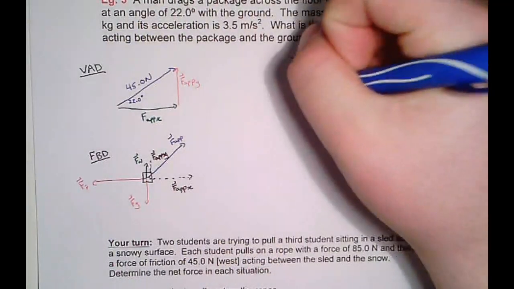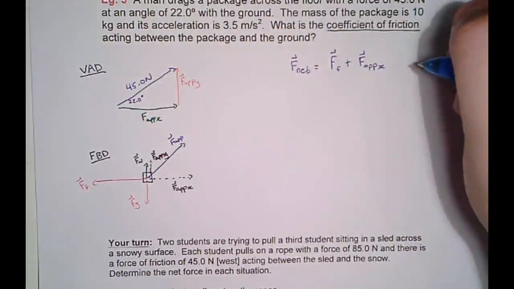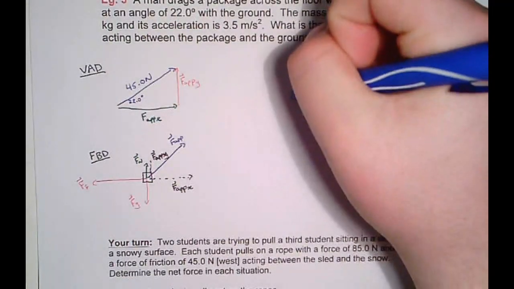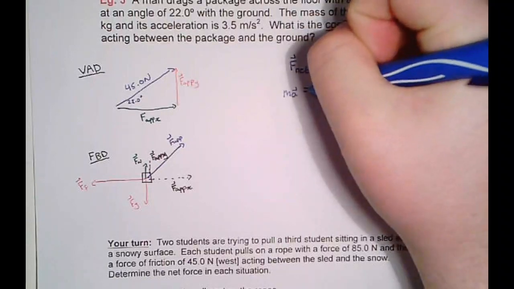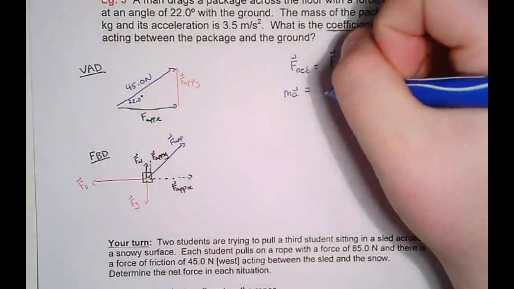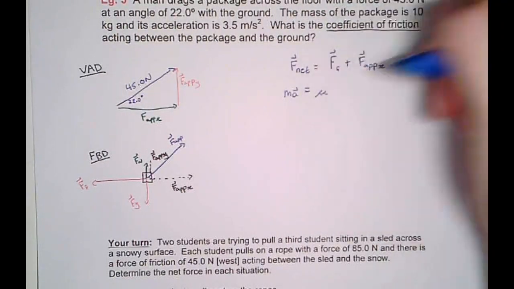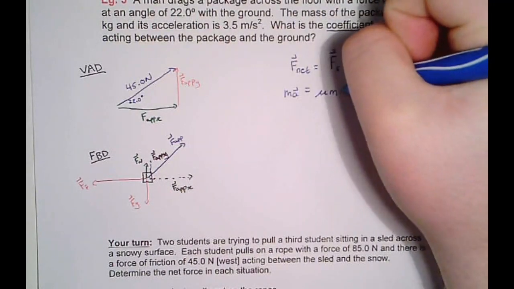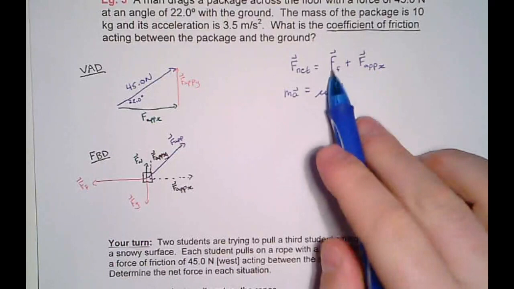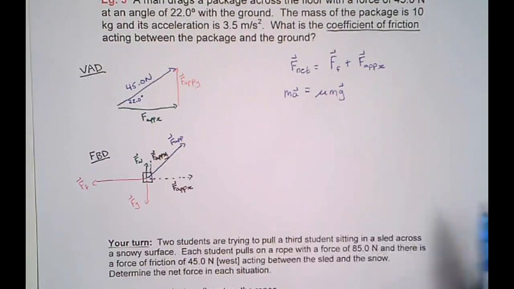So we now have the ability to plug into our formula. F net is mass times acceleration, and that's going to be equal to the coefficient of static friction times the mass times the acceleration due to gravity. That's for the force due to friction.